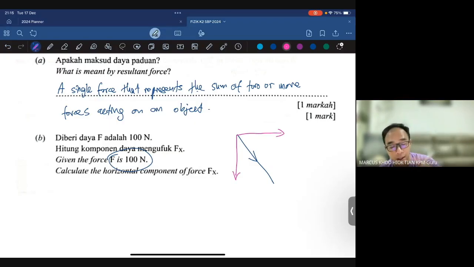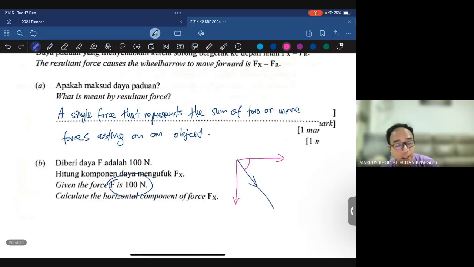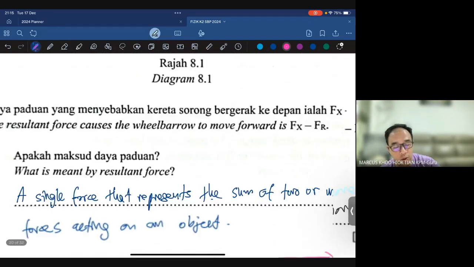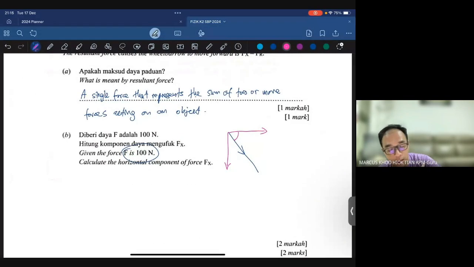And usually there's an angle given, in this case the angle is 60. When I teach my students, I tell them to look at where the angle is. If the angle touches that particular side, this will be F cos 60, then this will be F sin 60.